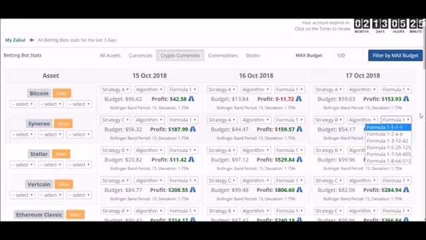Now if your budget is, let's say, $100, what I would suggest in helping you fine-tune your selections is to actually reduce this down to something, let's say $20 or $25, and click the filter button.